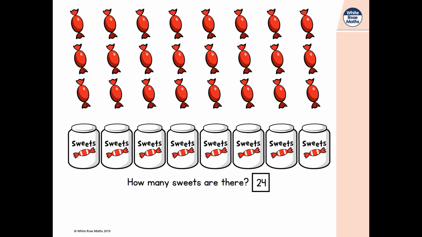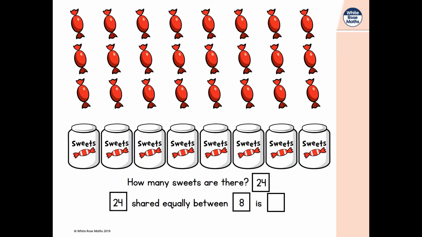How many jars are there? Can you see 8? Yes, me too. So what they want us to do is take those 24 sweets and share them equally between all of the jars. 24 shared equally between 8.